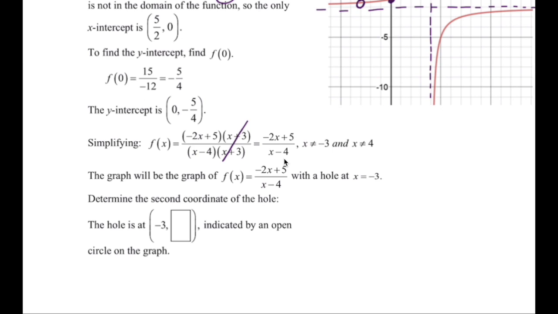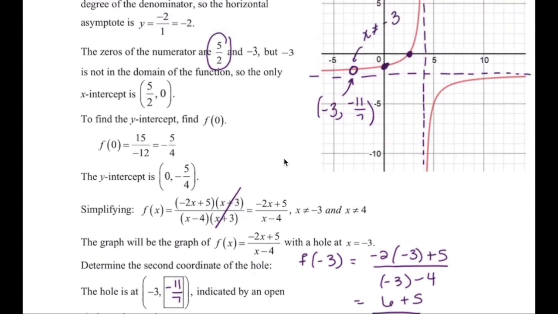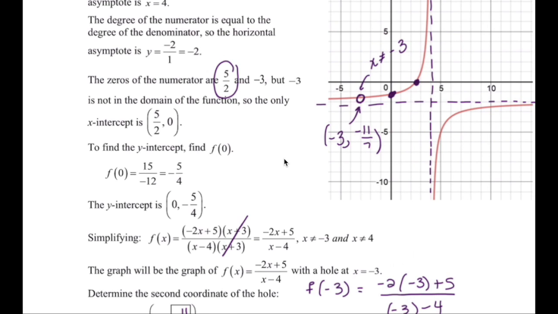When we substitute in f of negative 3, we have negative 2 times negative 3 plus 5 over negative 3 minus 4, which turns into 6 plus 5 over negative 7. So the exact point that this hole is at is negative 3, negative 11/7, if you're looking for a specific value where that hole is at.